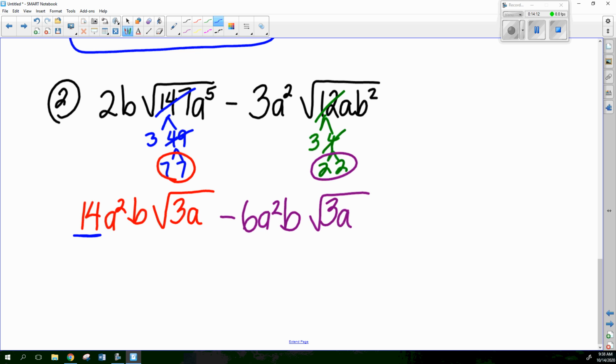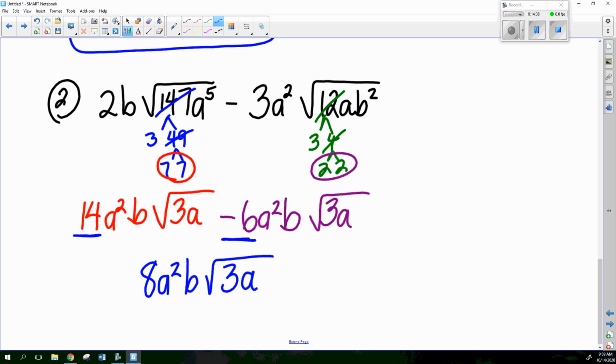But the only part you actually subtract are the coefficients. What is 14 minus 6? 8. Perfect. Everything else stays the same.